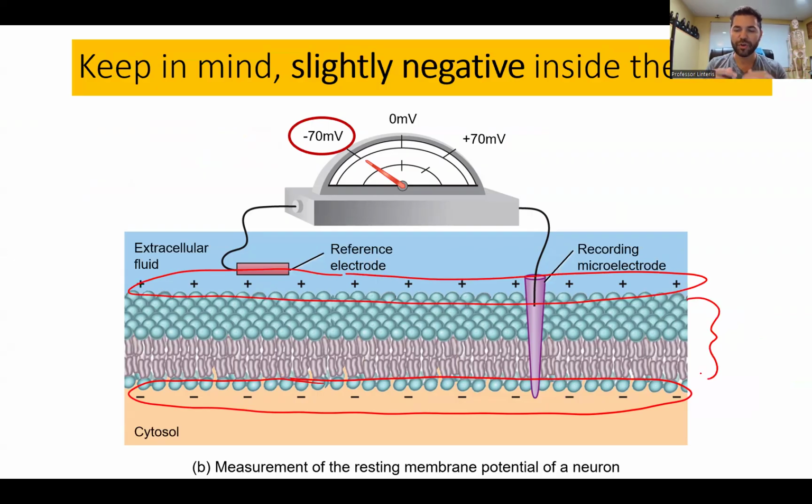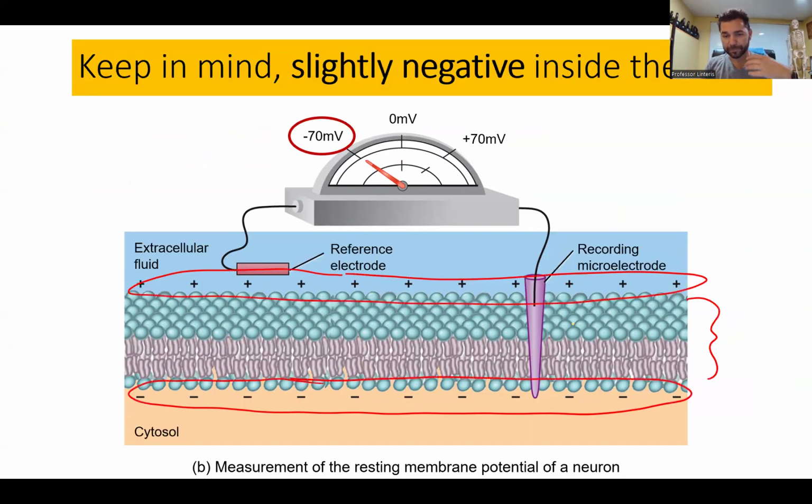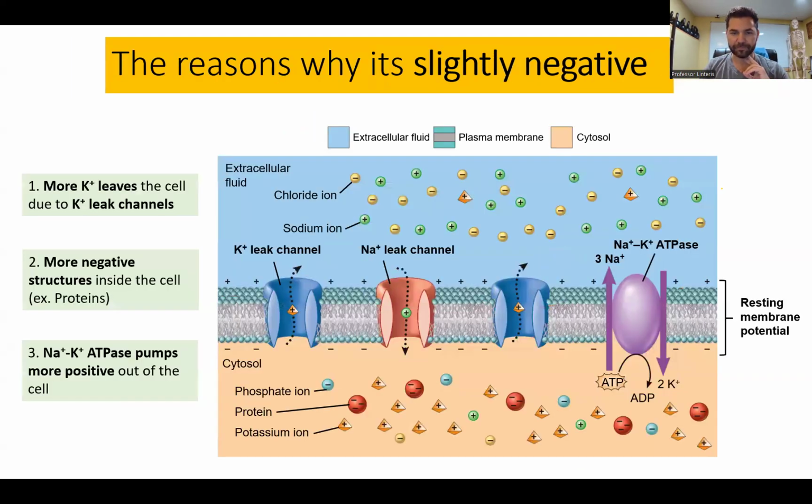This is just showing you the plasma membrane, that red line. This is showing you a zoomed in version of that plasma membrane. And we can see that the resting membrane potential is at negative 70. Why is it at negative 70? The inside's negative. We know that.